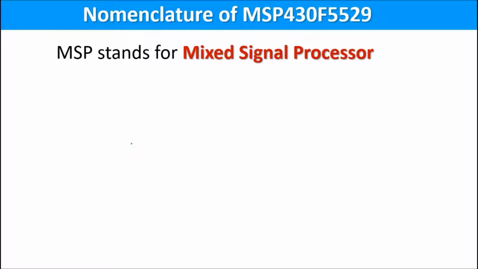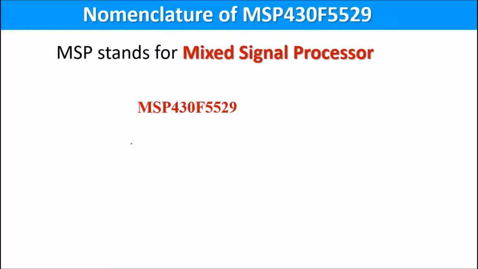So it is a mixed signal processor because you can connect the analog signal as well as the digital signal as an input. Internally, there are analog comparators and an A to D converter. So when we give an analog signal, the A to D converter will internally convert it into digital, and then the digital signal is processed by the CPU.